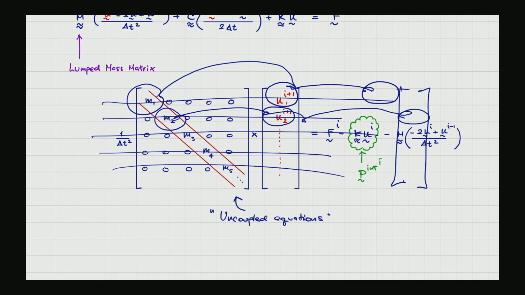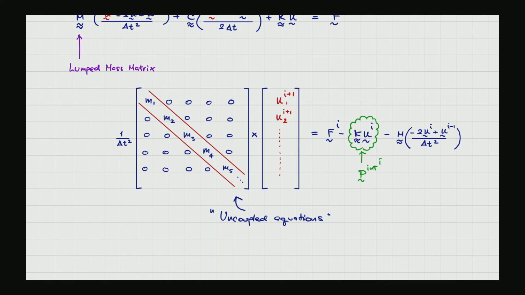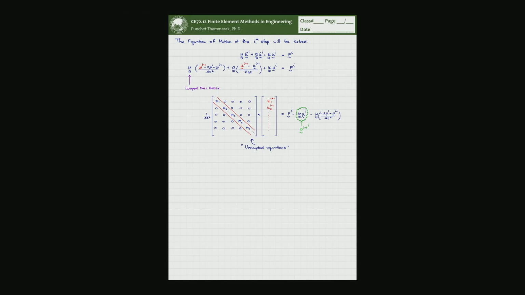And the peace comes in. Life is beautiful. The only ugly thing is that due to the nature of the simplifications of this scheme, you might experience unstable conditions. And the unstable condition generally comes from the time stepping size issue.